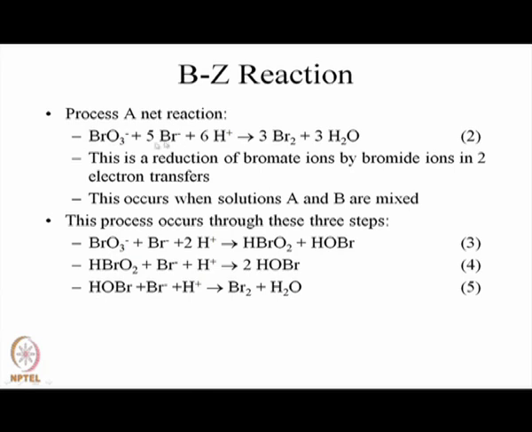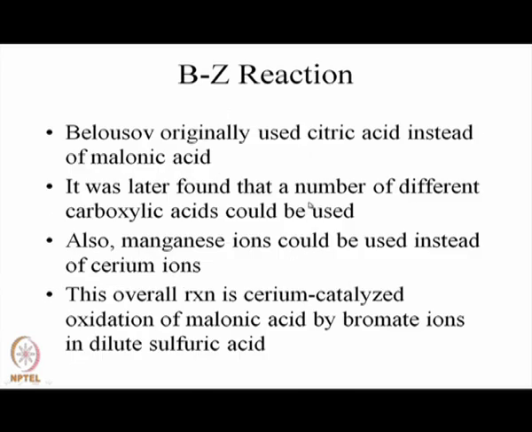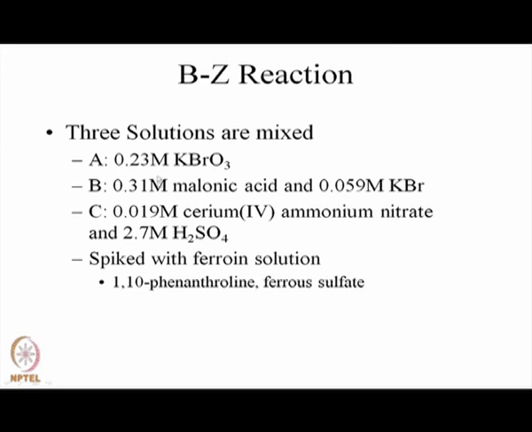So, it is a bromate bromide reaction giving rise to bromine. It is a typical happening also in case of iodate iodide reaction. Okay. And this reaction occurs when A and B are mixed.